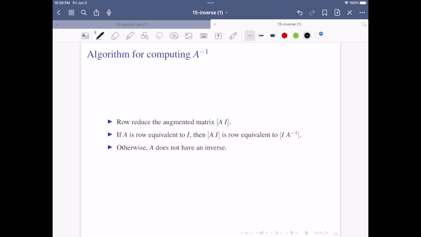So simply speaking, to compute A inverse, we're going to work on this augmented matrix, A I, and try to do many EROs, and at the end, you want to have I for the first half, and the second half is some other matrix. So this goes to A inverse. If you cannot get the identity matrix for the first half, then it's not invertible.